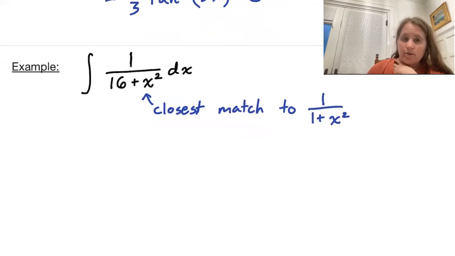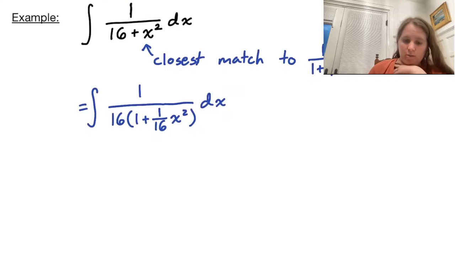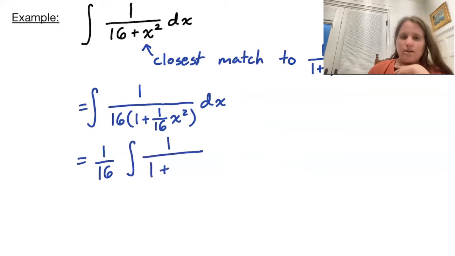If we factor out a 16 from the denominator, we could rewrite this as 1 over 16 times 1 plus 1/16 x squared dx. I'm going to just take that 1/16 all the way out front. Then we have the integral of 1 over 1 plus 1/16 is just 1/4 squared. So this is just x over 4 squared, and then dx.